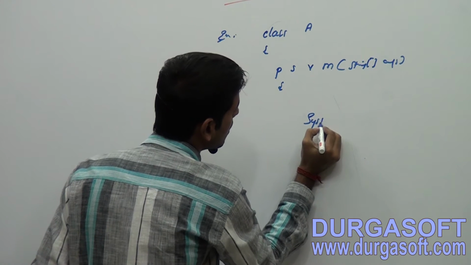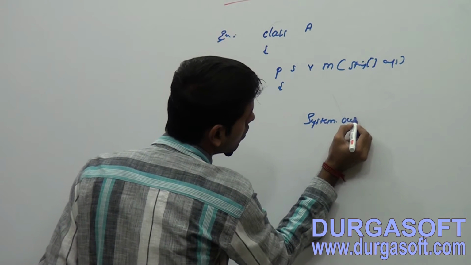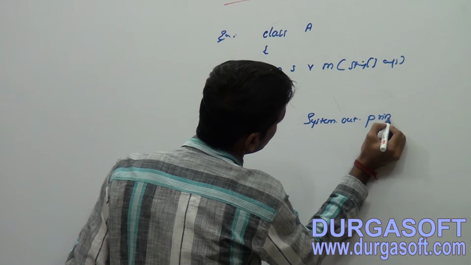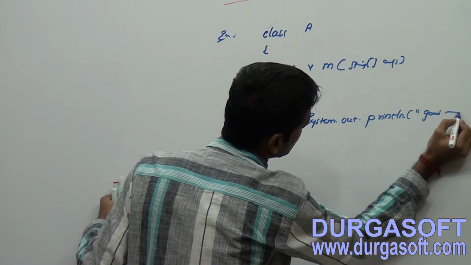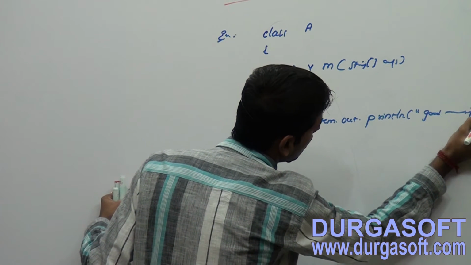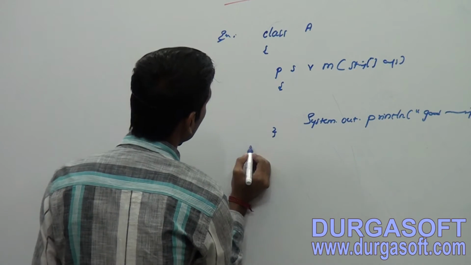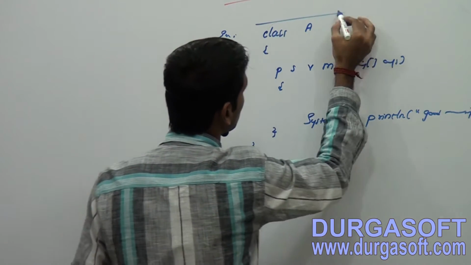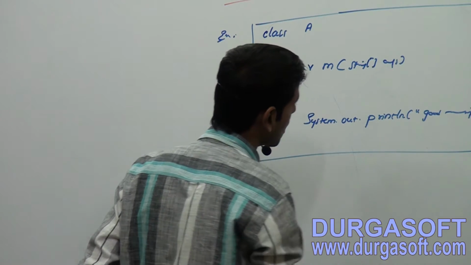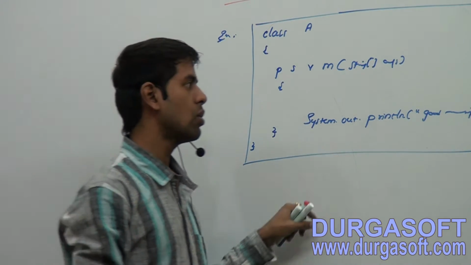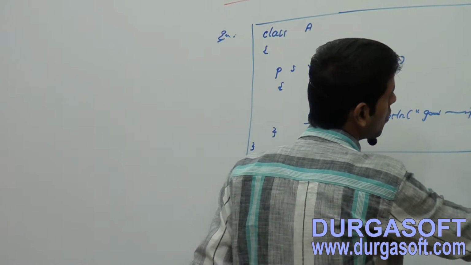System.out.println, with Good morning. Now if I compile and run this piece of code, at the console I am going to see the output as what?